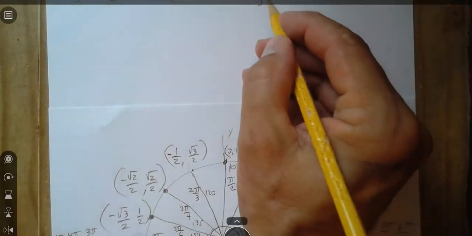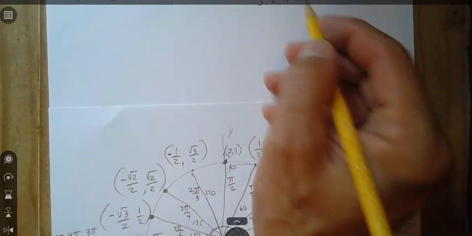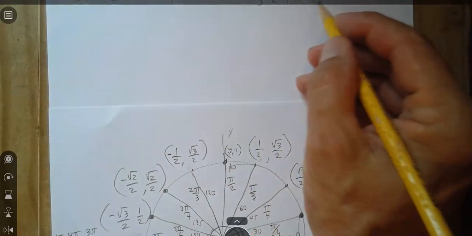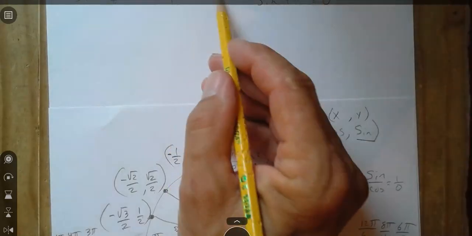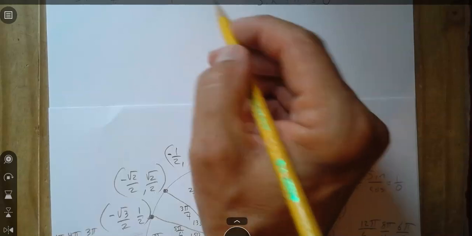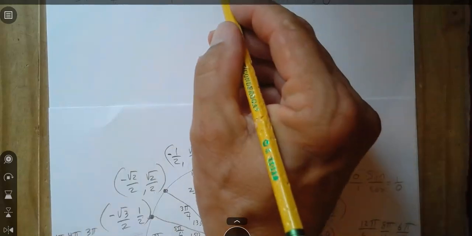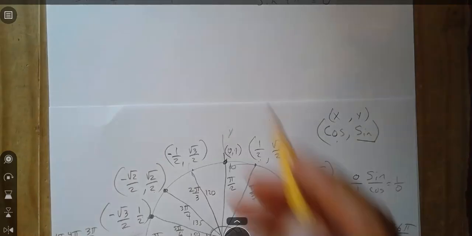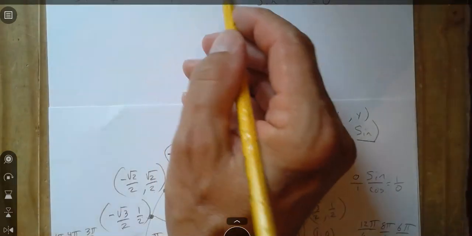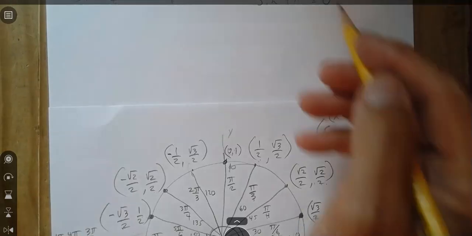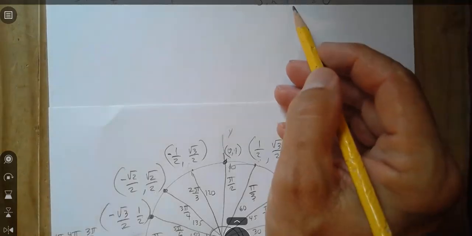So sine of 4 pi, of course, is still just going to be 0. But this is sine of 4 pi and 1/4, because 17 over 4 is 4 and 1/4. So I go around twice, and then I go 1/4 more.